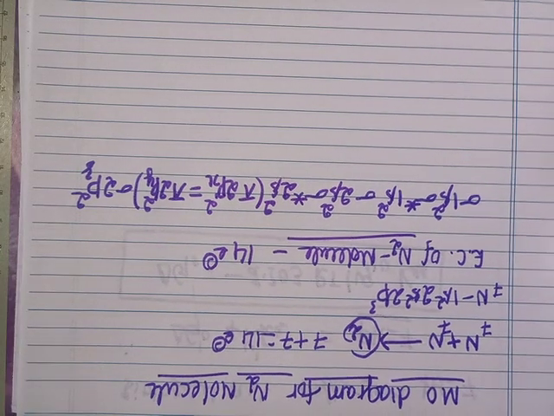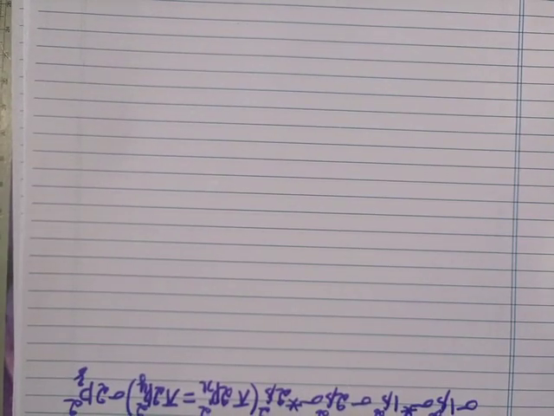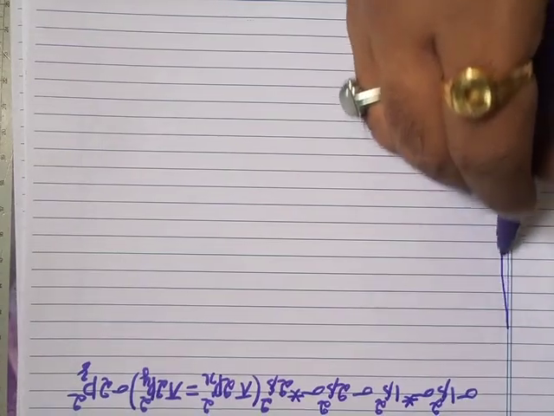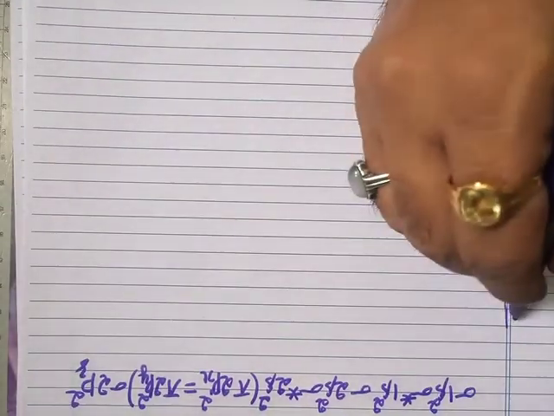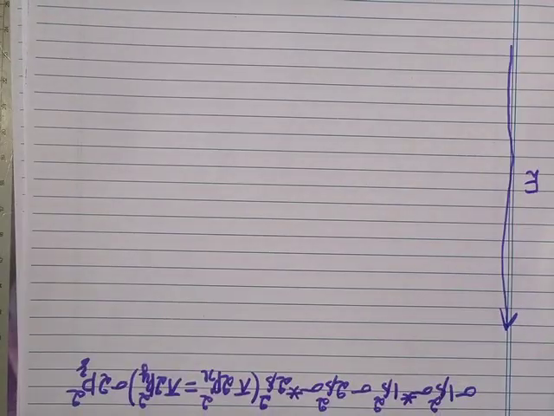Let us construct the molecular orbital diagram for the nitrogen molecule. First let us write the 1s atomic orbitals.